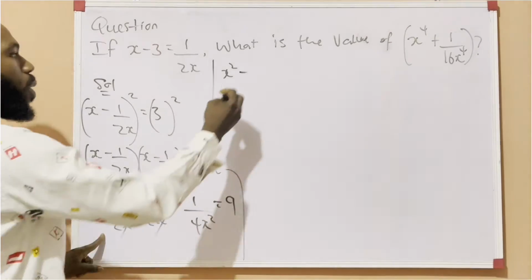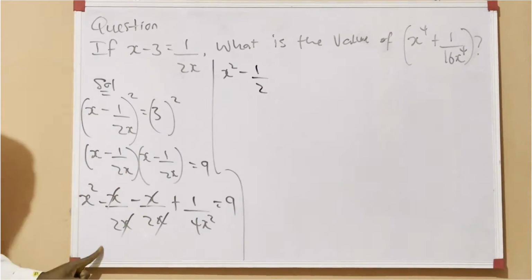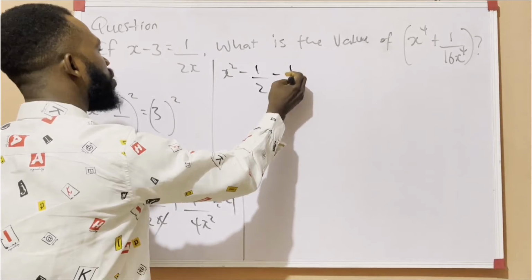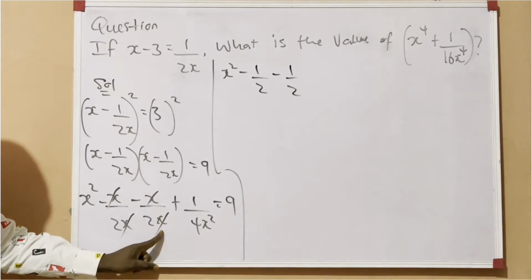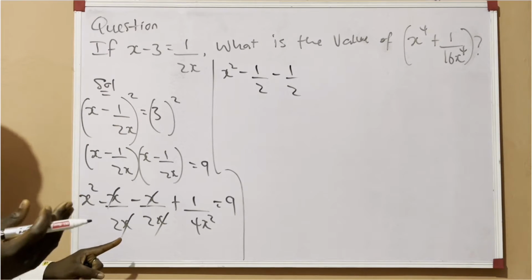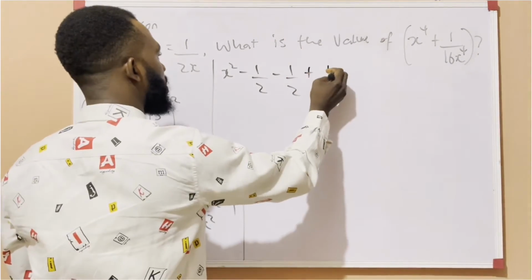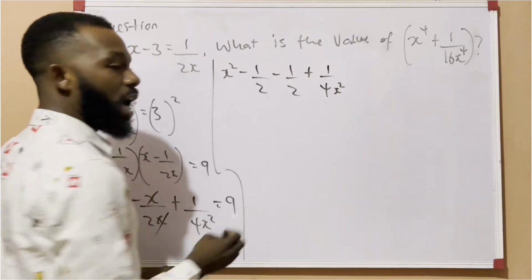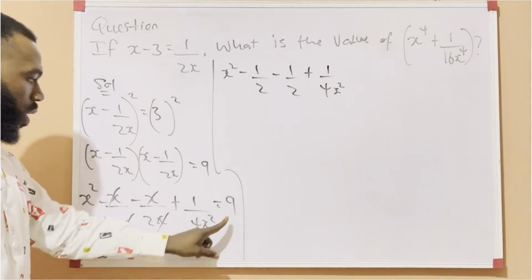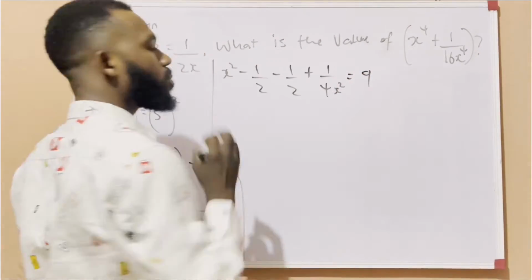So here becomes 1 over 2, minus 1 over 2. And also, I also have minus 1 over 2. Because if x should cancel out x, I have just 1 left at the numerator. Now, plus 1 over 4x squared. Are you with me? 1 over 4x squared equal to 9.